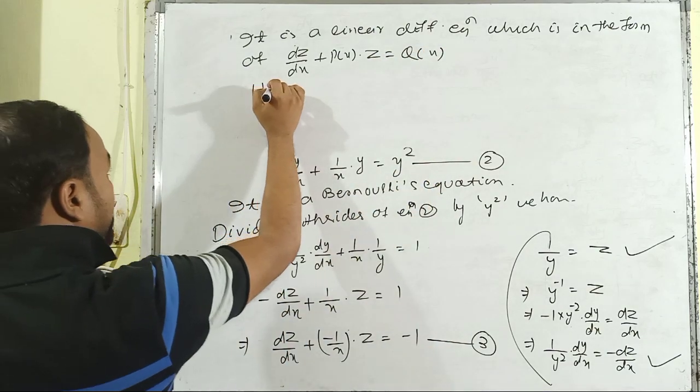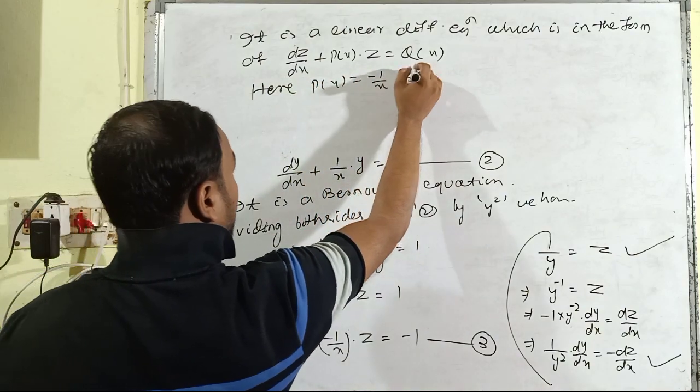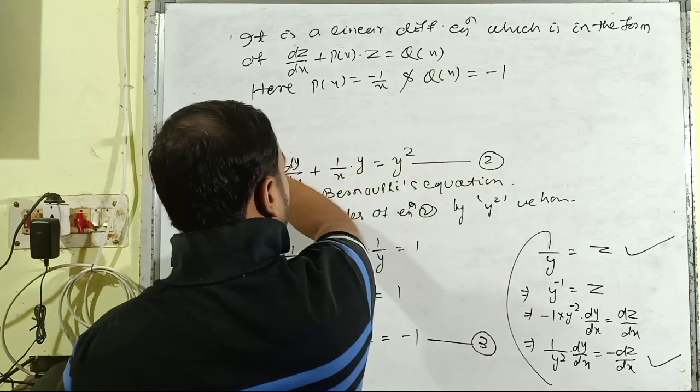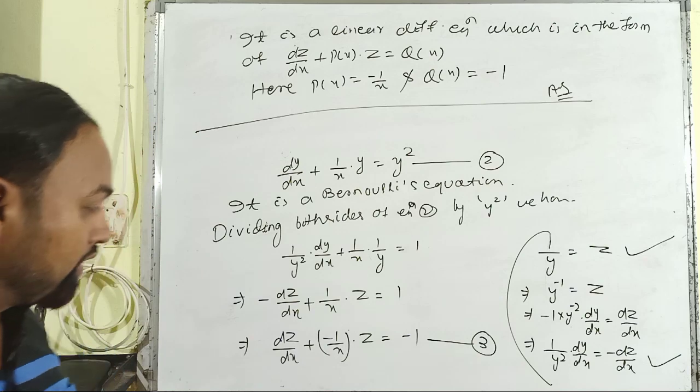Here p of x is equal to minus 1 upon x and q of x is equal to minus 1. And this is your complete answer for problem number 3.